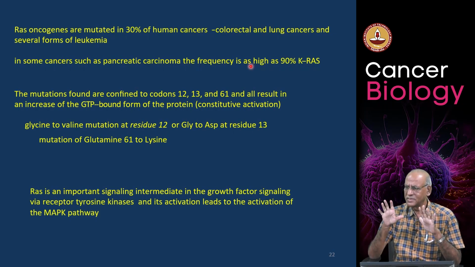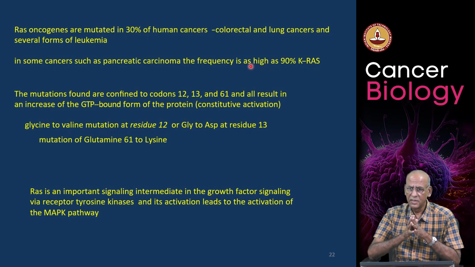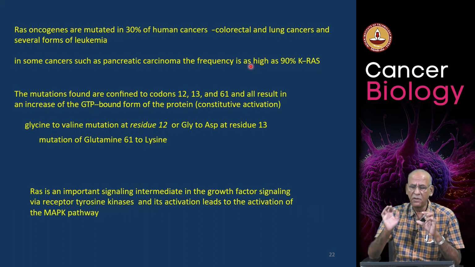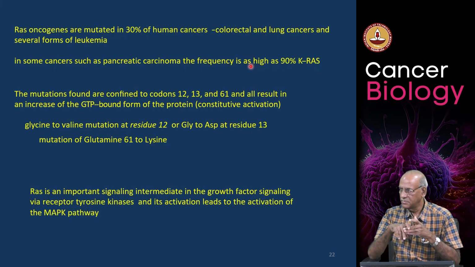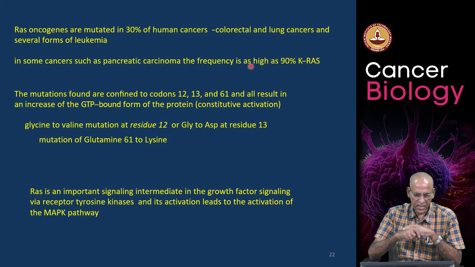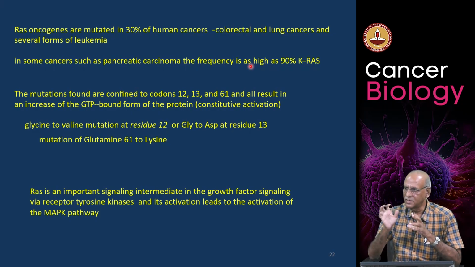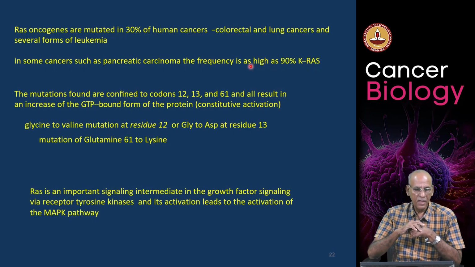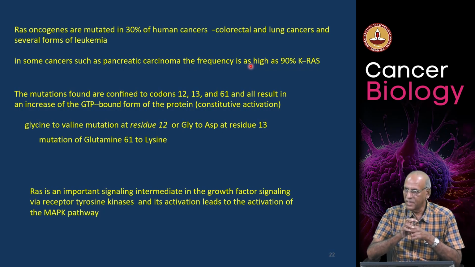So that is a very important point. Generally in many cancers it is about 30% mutated, but in pancreatic cancer the particular form of RAS, I told you KRAS, HRAS and NRAS, 3 forms are there. So that has to be understood. The mutations found are usually confined to certain specific codons, codon 12, 13 and 61, all result in an increase of the GTP bound form of the protein, that is called constitutive activation.